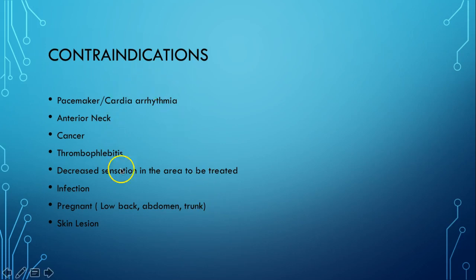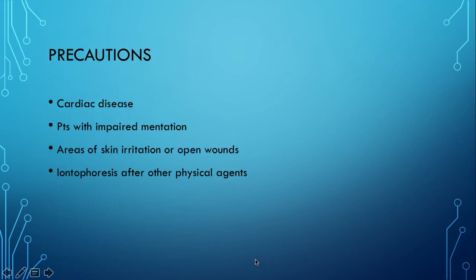And these contraindications are the same ones that are on your practical exam rubric. There are a few added ones here than are in your book, but just know that you'll be responsible for these contraindications.